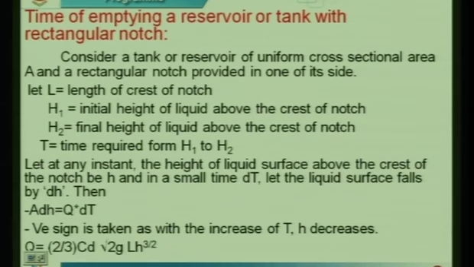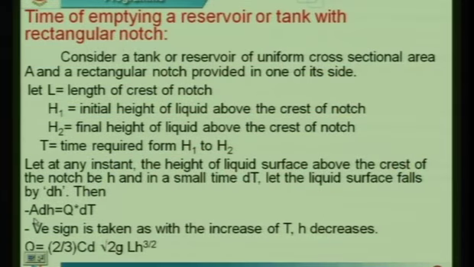What it means? I have this: this is a sill level, this is H1. I open the rectangular notch, water starts falling. At any given instant t, I consider a fluid layer, and in time dt it falls by dH. Now the volume is given by A into dH, which is equal to Q into dt.